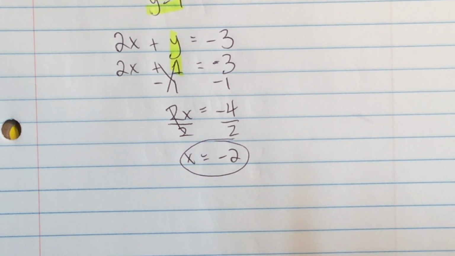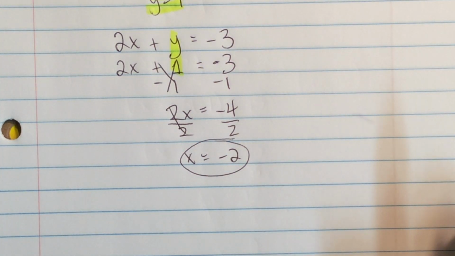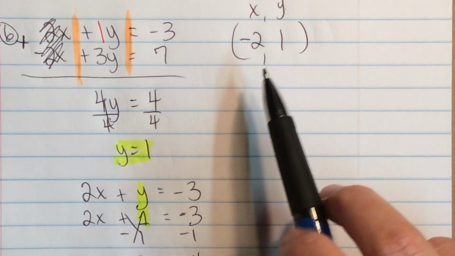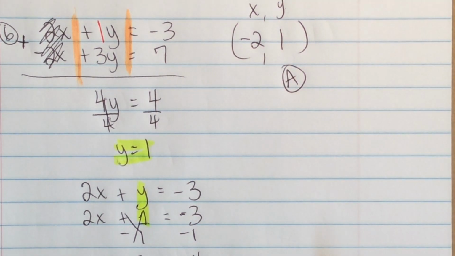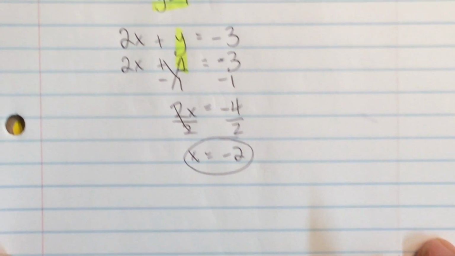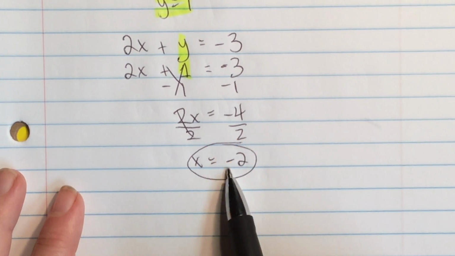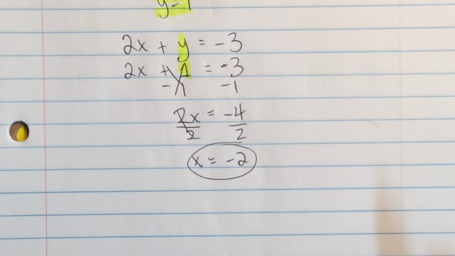So the coordinate point is negative 2, 1, which is A. So if you didn't catch that, we subtracted 1, we divided by 2, and we got x is negative 2. All right, number 7.